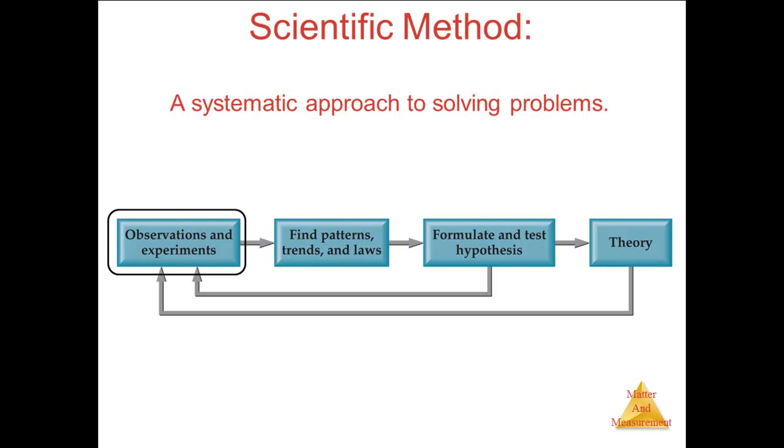Repeated observations that confirm a hypothesis lead to a theory that explains more and covers more than a hypothesis. Both hypotheses and theories can be disproven by further observations and are changed when this happens. Scientific laws are the underlying principles that are discovered by repeated observations and are deeper explanations of those observations.